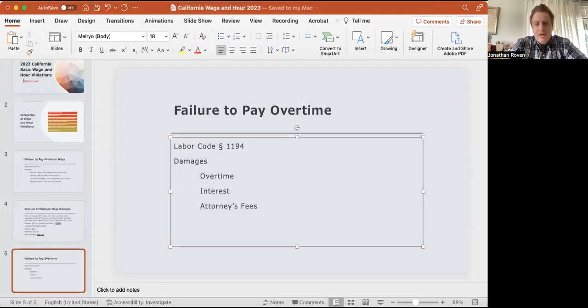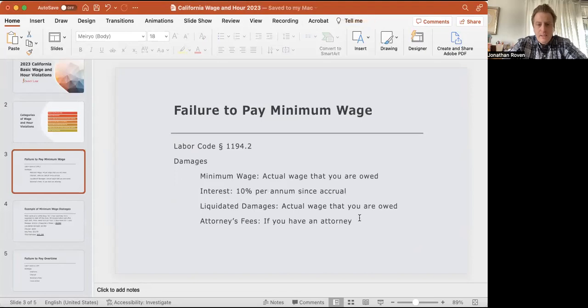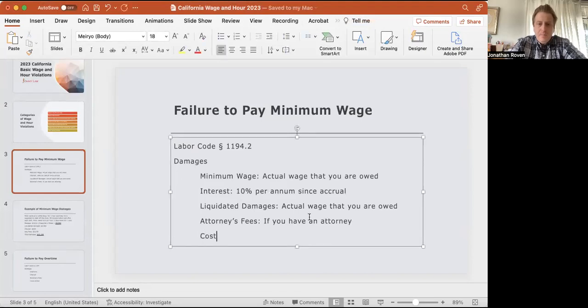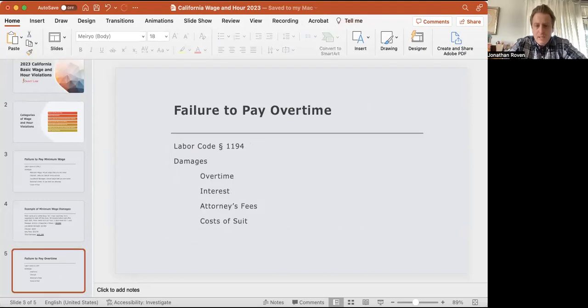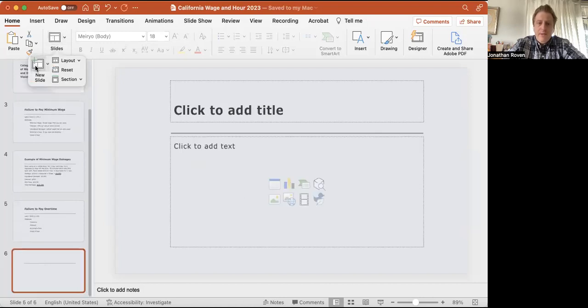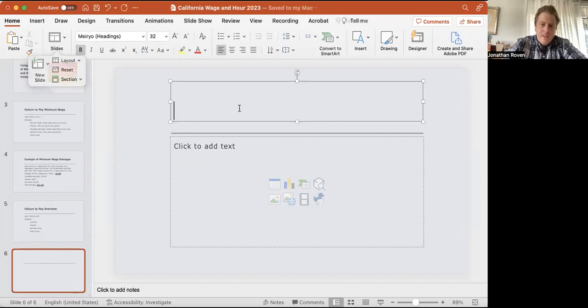Now, there also are costs of suit, and that also goes with failure to pay minimum wage as well, but we're just assuming that we're not working with a lawsuit currently. We're just going to be working on what happens if you were to send a demand letter.